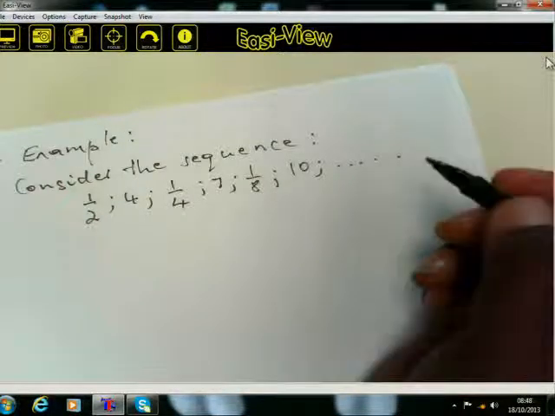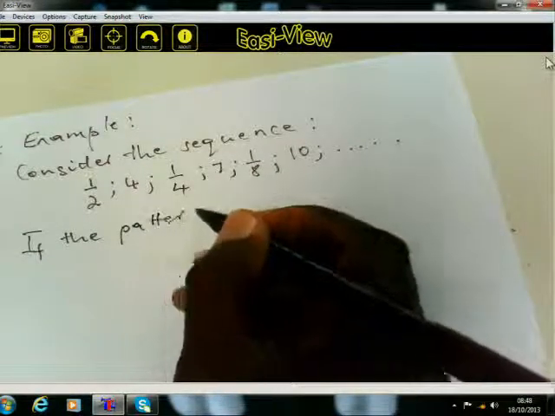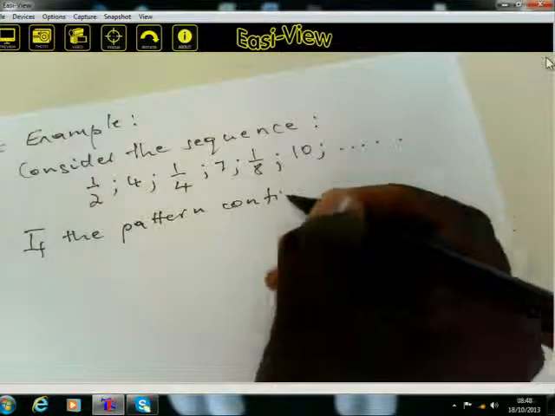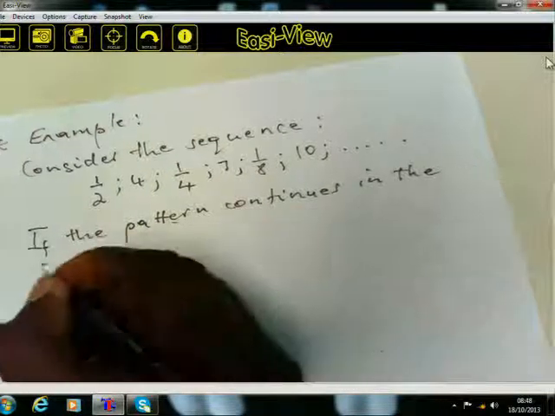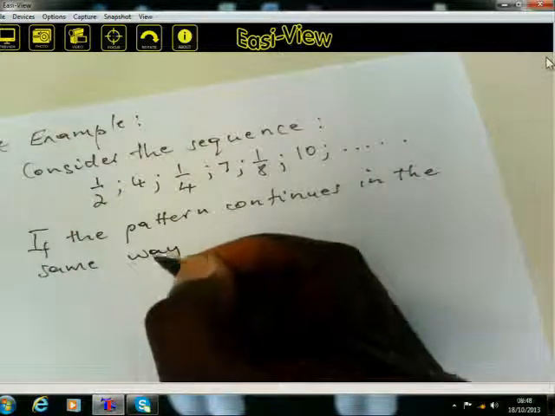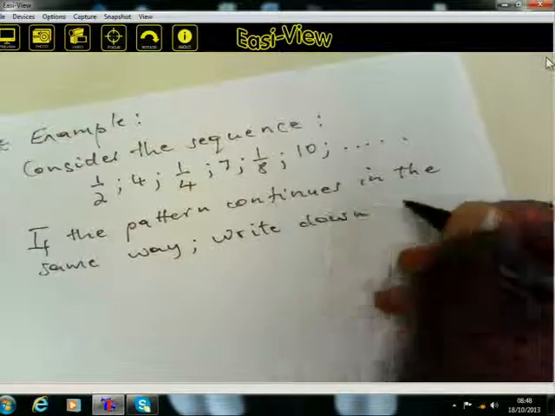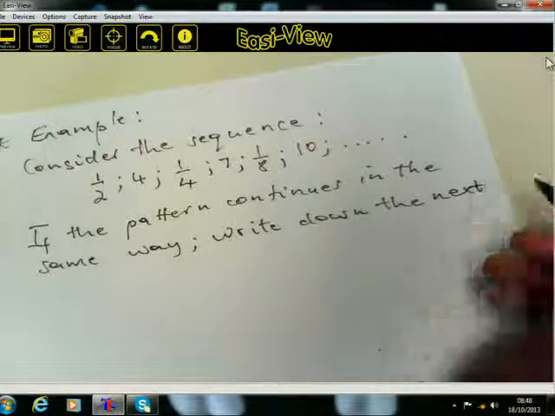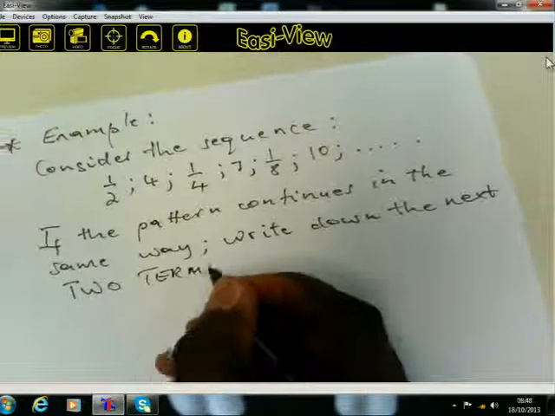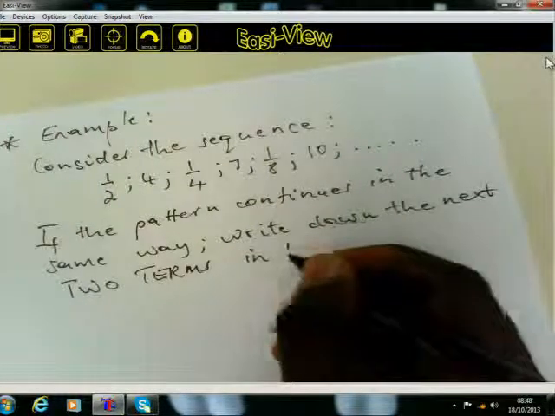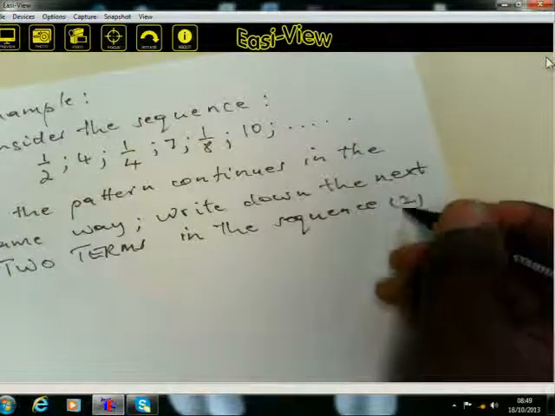Now, it is said that if the pattern continues in the same way, write down the next two terms in the sequence, and it has 2 marks.